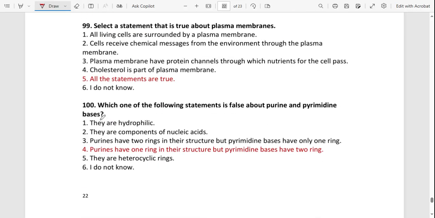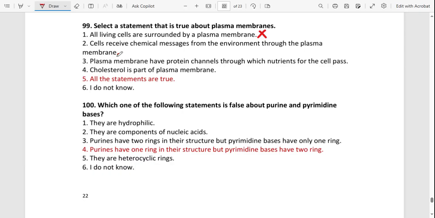Select a statement that is true about plasma membrane. All living cells are surrounded by a plasma membrane. Is that true? Not all living things. You have got some fungi, even some bacteria, they are living, but they don't have a plasma membrane. Cells receive chemical messages from the environment through the plasma membrane.